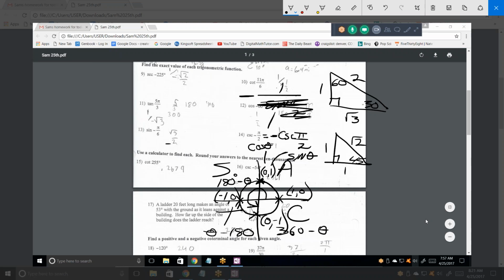So what's the cosine of 270? It's not a ratio. The cosine is the x-coordinate of that point. What's the x-coordinate of that 270-degree point? 0. That's what the cosine of 270 is, 0.